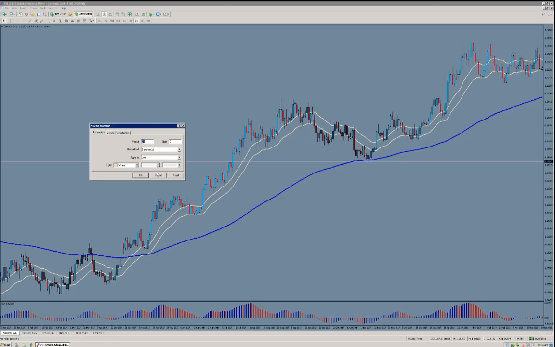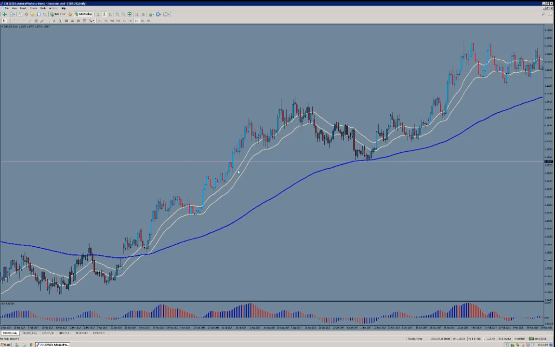And the reason why I do that is because in these short-term moving averages, it's more of a zone that price is trading within. And it's better than just having one line, I find, because sometimes the price will drop slightly below the line, and you might think, oh, now the moving average is broken, or sometimes it might just stay slightly above the line, and you think, oh, it's not pulled back enough.